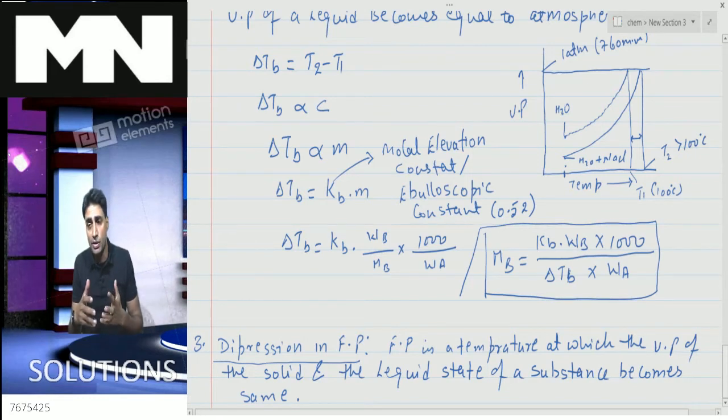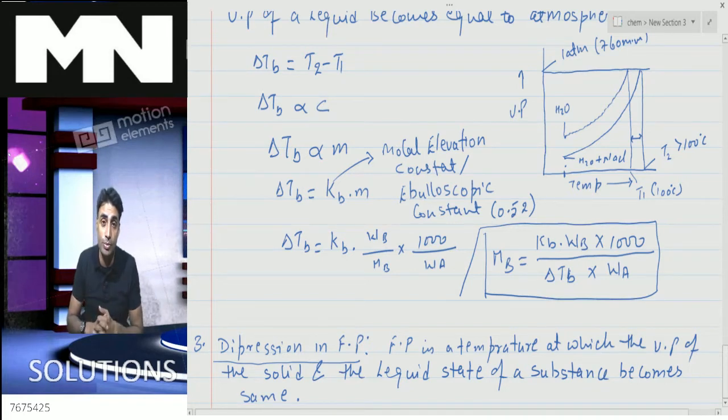For example, if I talk about water, at 0 degree I can have water and I can have ice also. From 0 degree, if you start decreasing the temperature, the water will start getting converted to the ice. If you start increasing the temperature, the ice will start getting converted to water. But at 0 degree, both of them can exist together. So that's the definition of the melting point.